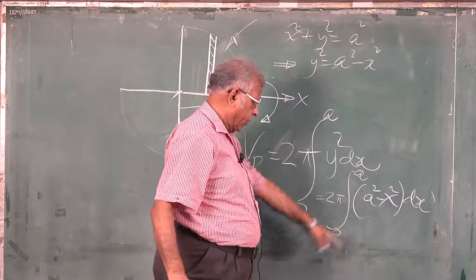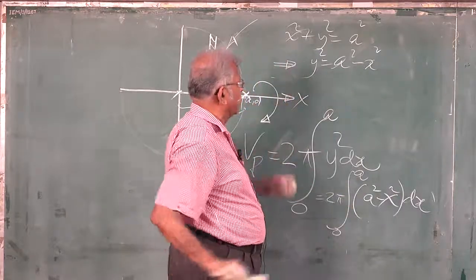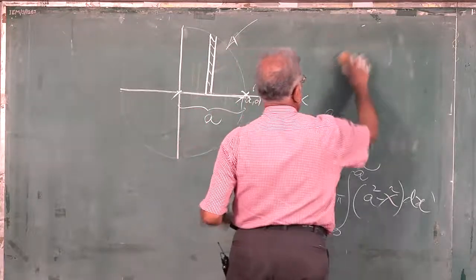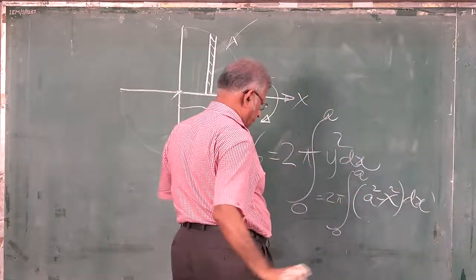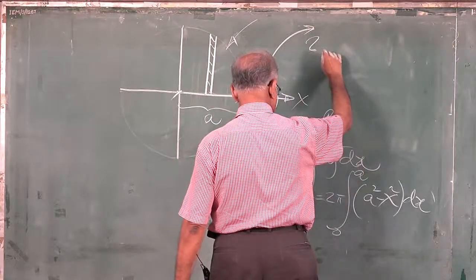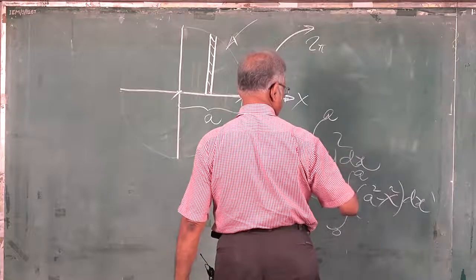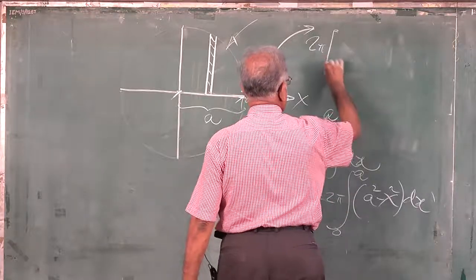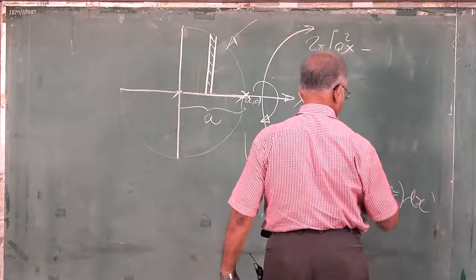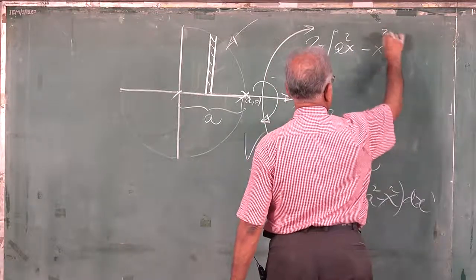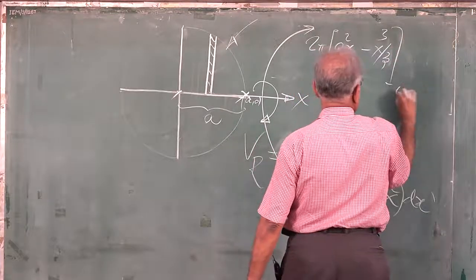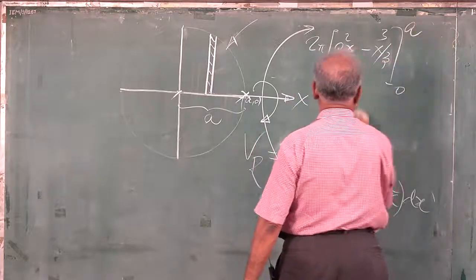This is going down, so we just evaluate this in 2 lines up, take it up and carry on the calculations. So this is 2 pi times [a square x minus x cubed by 3] from 0 to a.